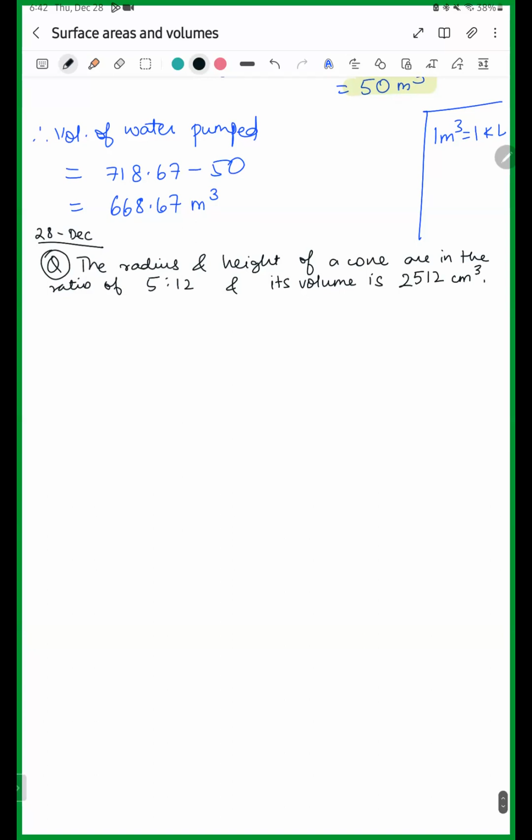Find the curved surface area and the total surface area of the cone. Take pi as 3.14.